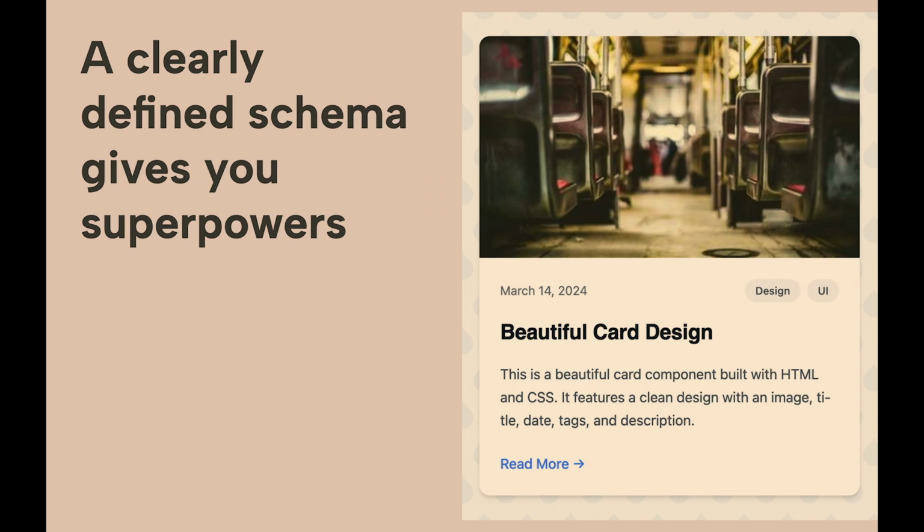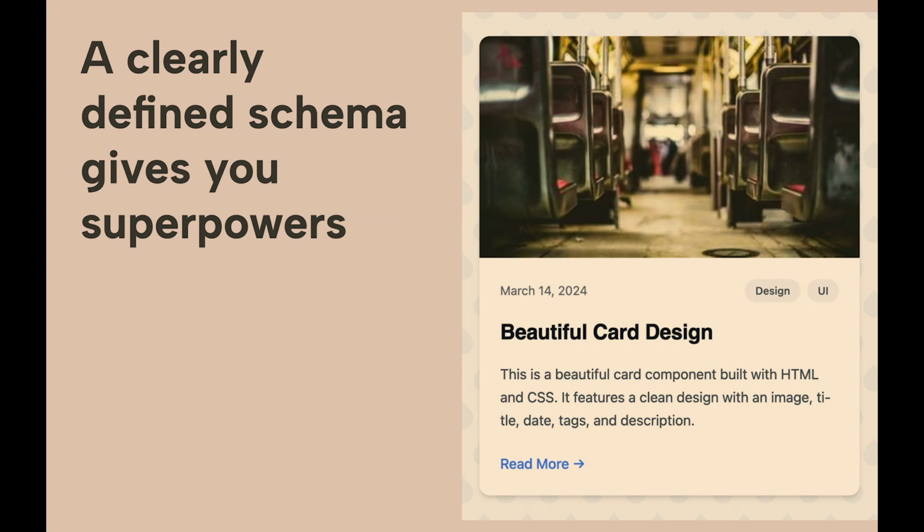in that if you have a clearly defined schema, you can create many variations of components that just use and depend on that same schema. So this is another card that looks completely different. It's not all ridiculously retro, but it has all the same elements and the exact same schema.